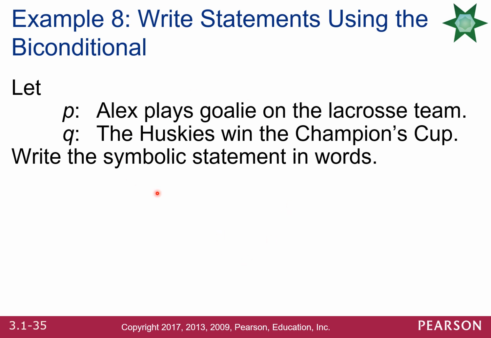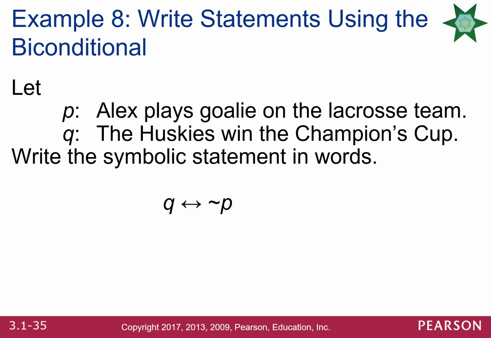Now let's see how the statement would read if we introduced a slight variation in the symbols in the symbolic statement. So P again represents Alex plays goalie on the lacrosse team, and Q represents the second thought, the Huskies win the Champions Cup. So let's pull up the symbolic statement. It's Q followed by the two directional arrow and then a not symbol.